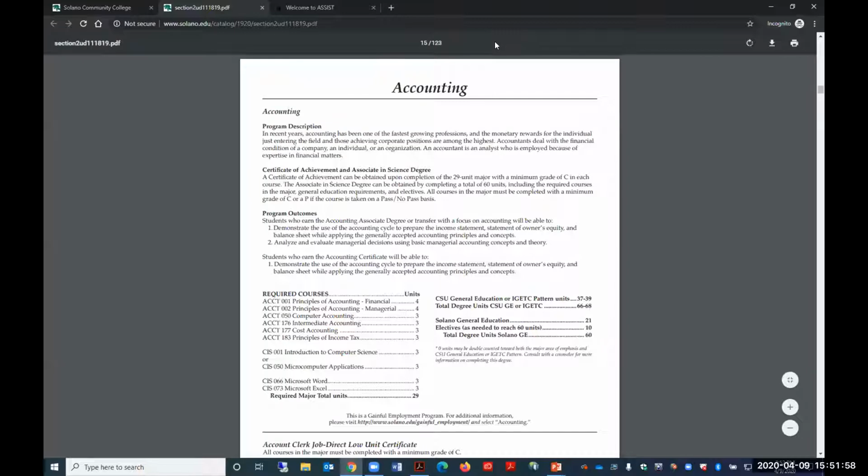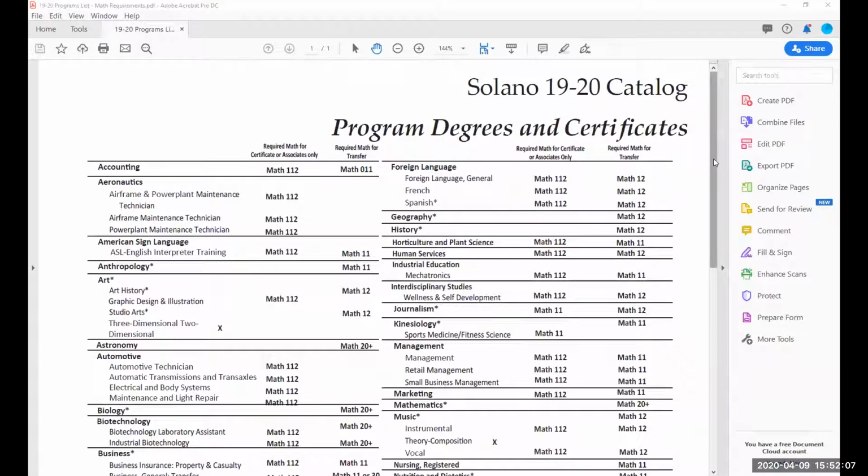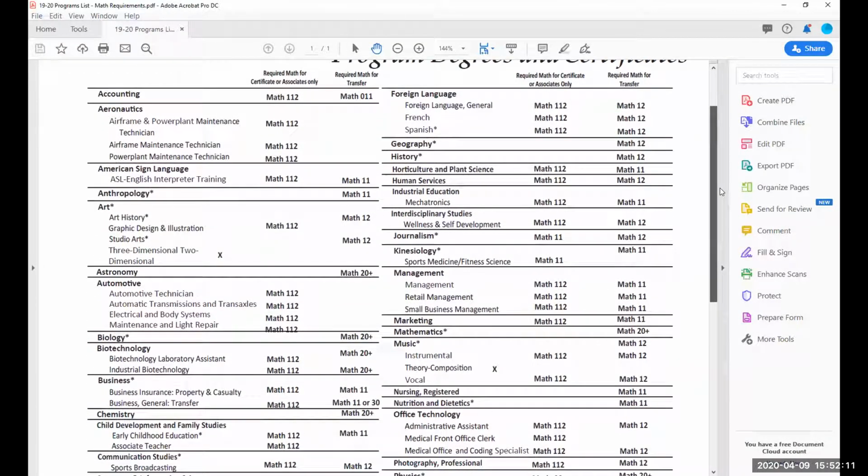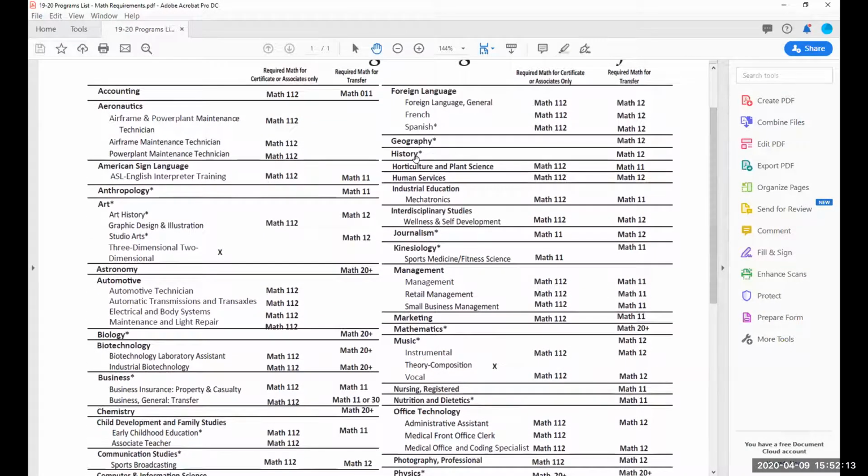Another way is that we have created a handout that also shows some of this information. So if I knew that I wanted to be a history major and I wanted to transfer, I would know that Math 12 would be the math required for transfer.